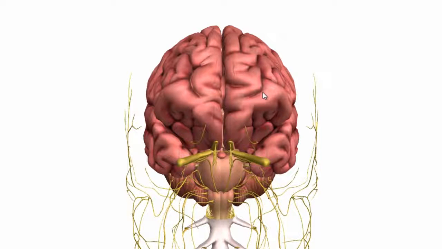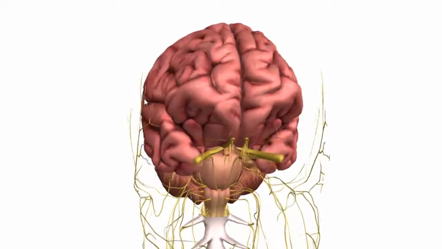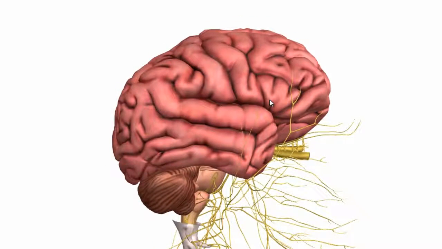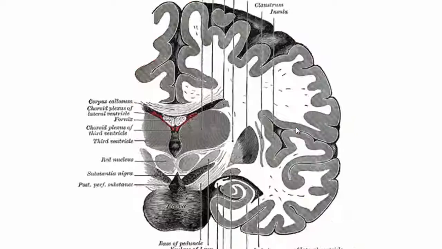So I'm just going to rotate the brain around, and I'm going to switch to a diagram to illustrate the cerebral cortex. Imagine just cutting the brain through this axis here. We're going to take a slice of the brain down here. So we're looking at this cross section of the slice we've just taken.